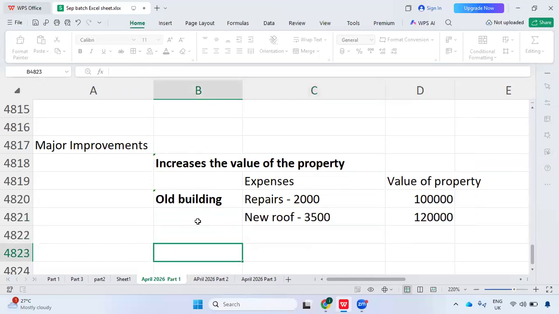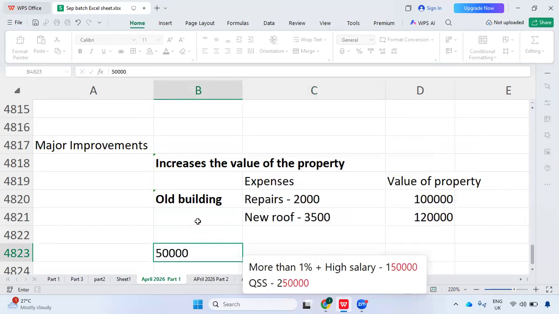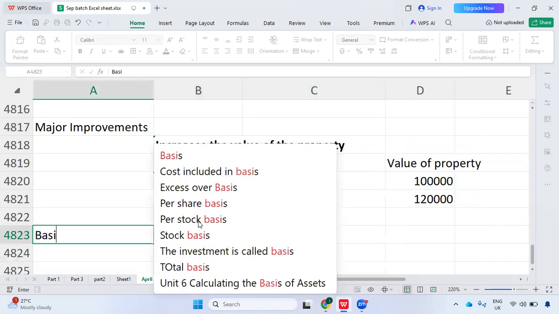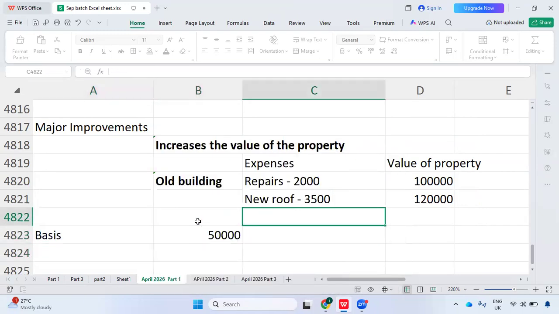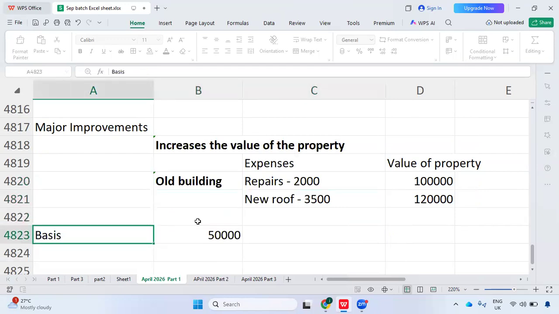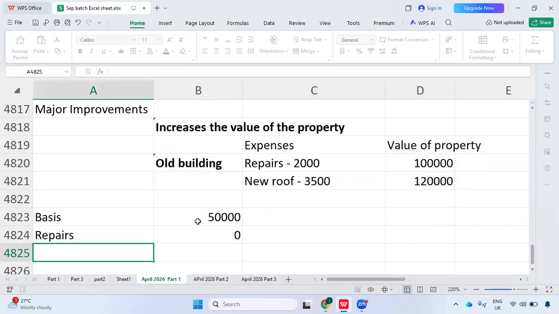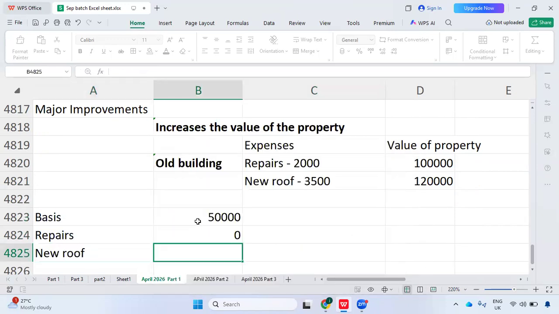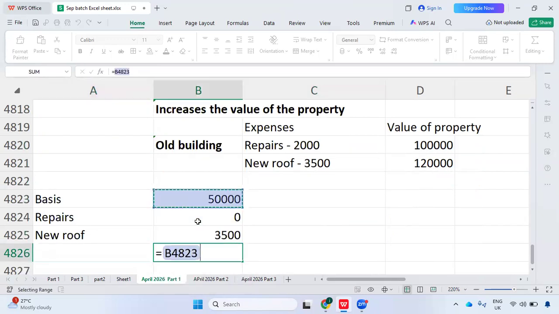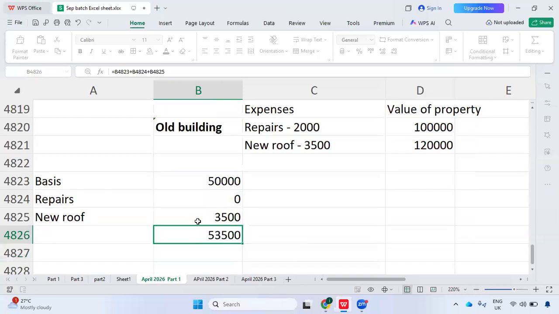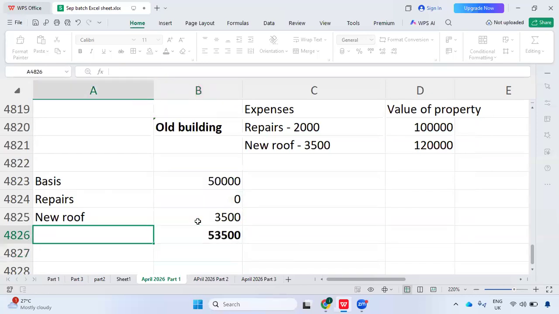The basis means the purchase price. Let's say we paid $50,000 for the property. Repairs we will not add, so zero there. The new roof we will add, around $3,500. So the new basis will be 50,000 plus 3,500, which is $53,500. This is the adjusted basis.